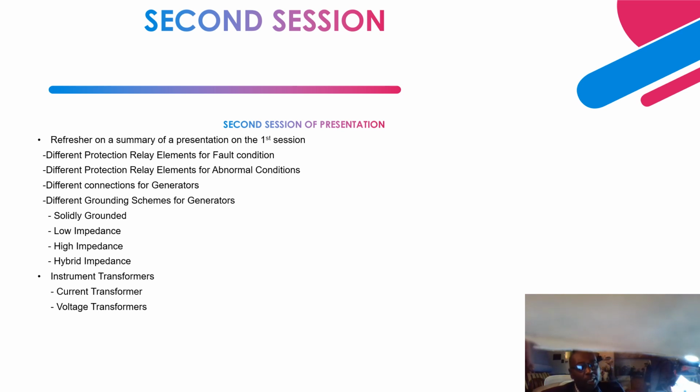Then also is the hybrid impedance. The hybrid impedance usually is also utilized in larger utilities, where criticality comes into play. So this utilizes both low impedance and high impedance schemes to form the hybrid. When the generator is in operation, it utilizes a low impedance when there's no fault.